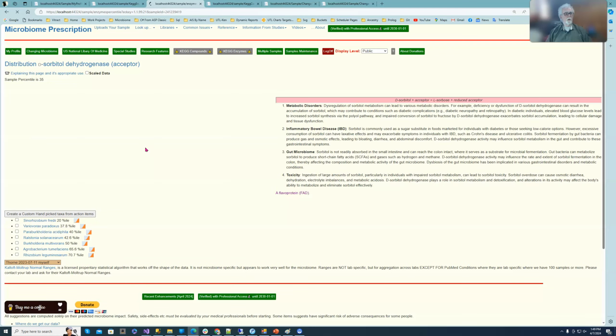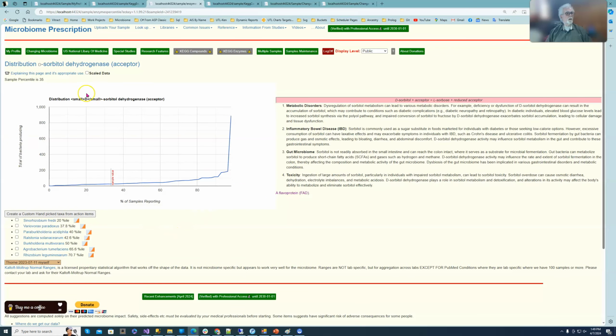We can go over here and scale the data and see. And we have down here the bacteria involved, and we want to increase that. Anything below 50% would be increased, anything over 50% would be decreased.